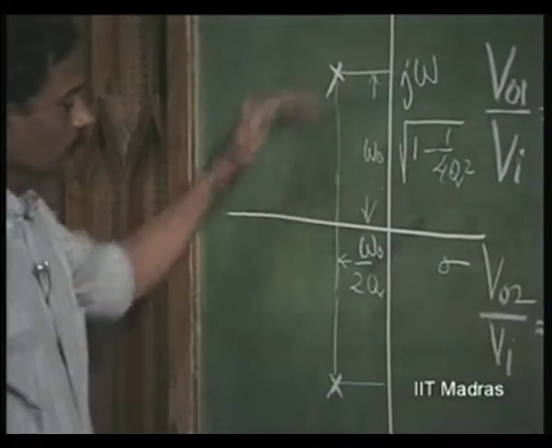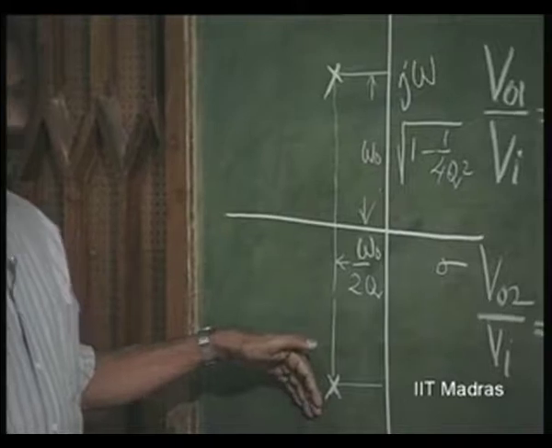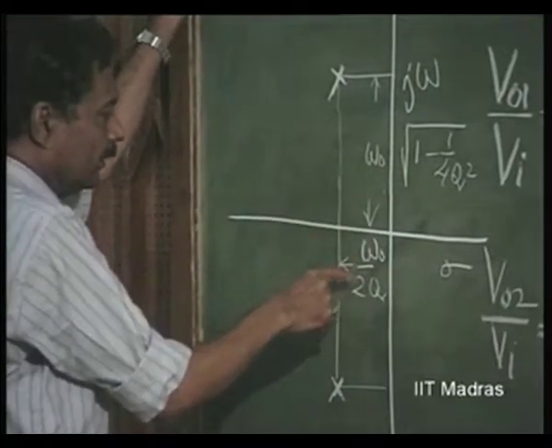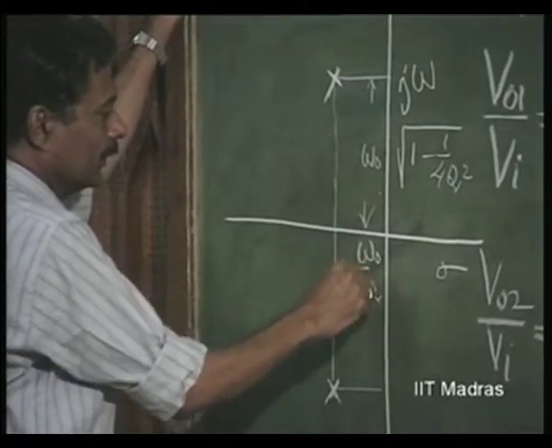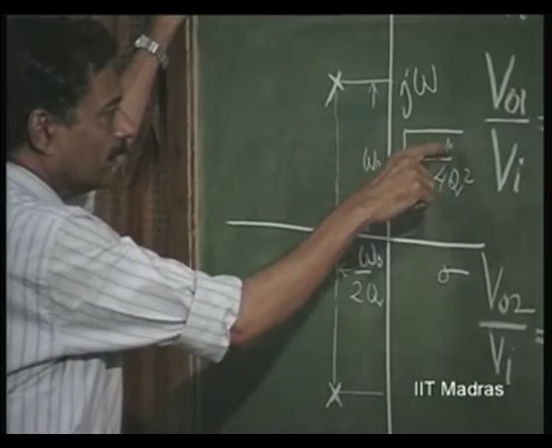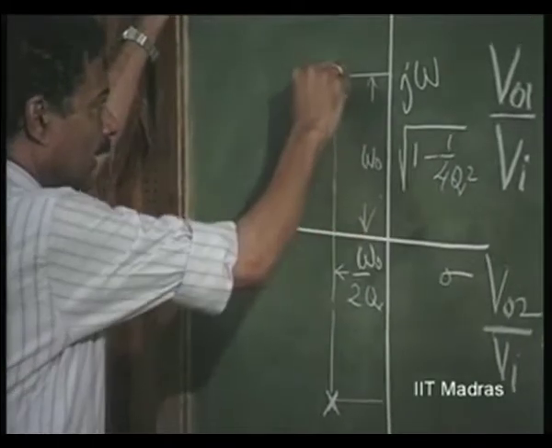These are the poles, and you can see this is omega naught by 2q, this is omega naught into root of 1 minus 1 over 4q squared.